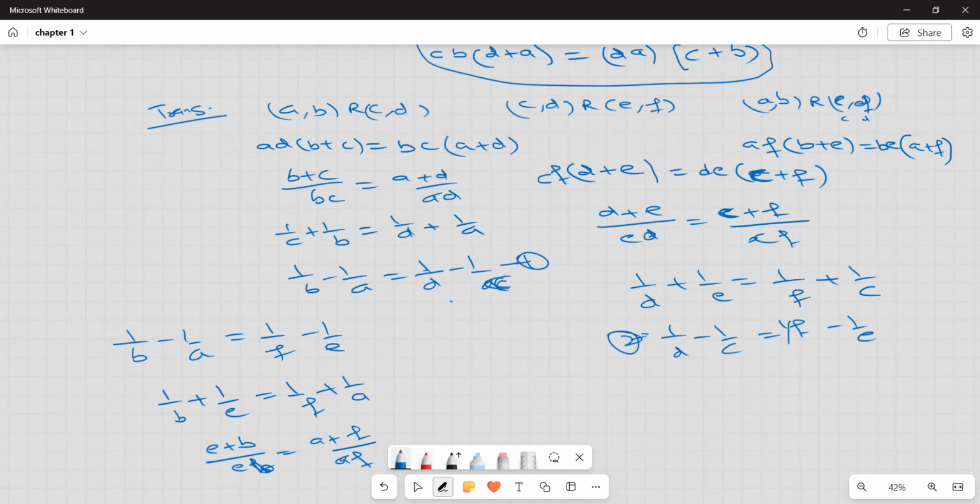So am I getting the answer? AF into B plus E is equal to BE into A plus F. Therefore, R is transitive. Clear? So as the last statement, as R is reflexive, symmetric and transitive, therefore it is an equivalence relation.